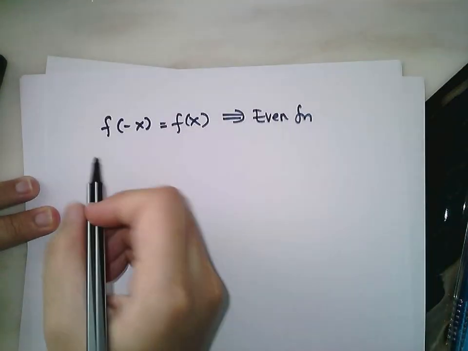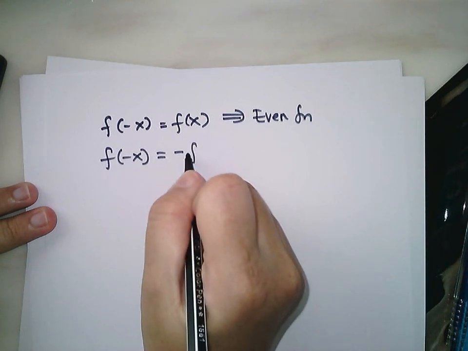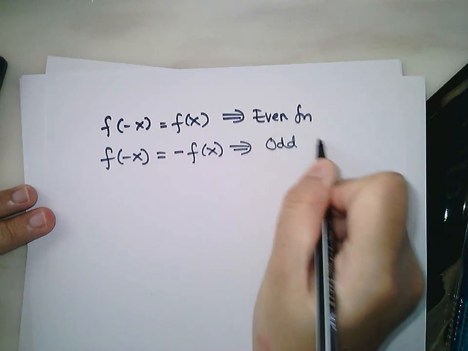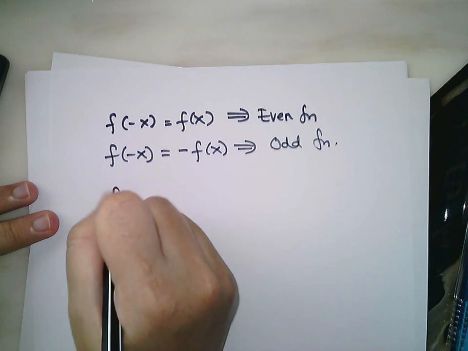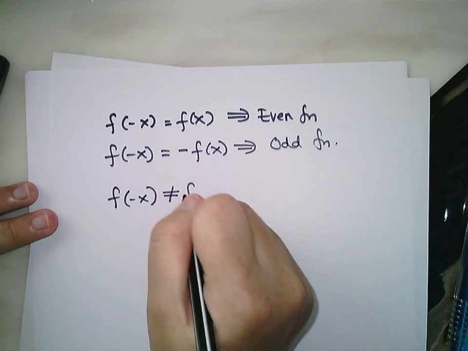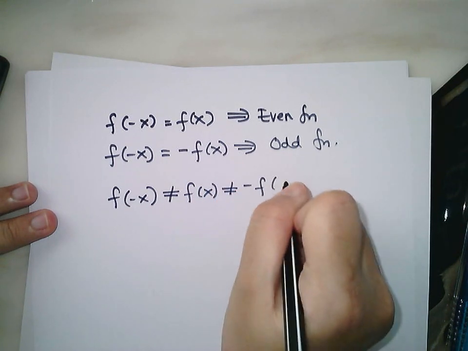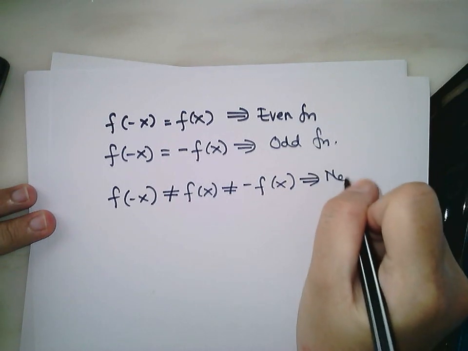Okay, if your f of negative x is equals to negative of f(x), this is odd function. And the last one is if your f of negative x is not equals to f(x) or not equals to negative of f(x), so this one we call it neither function.